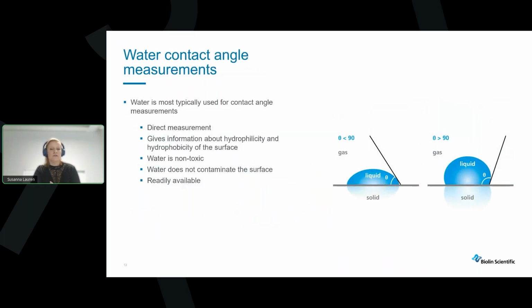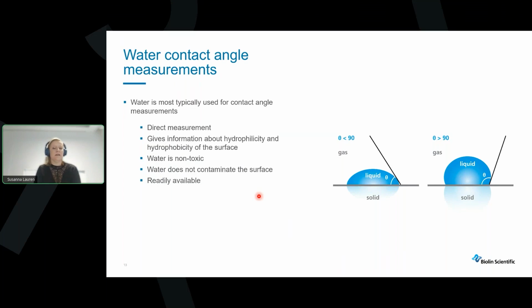And now, as I already mentioned, a lot of people are actually using only water contact angle measurements. One of the reasons why water is so good a test liquid is that water has these polar and dispersive parts in it. Because we have hydrogen bonding between the water molecules, it's quite a polar liquid, but it also has this dispersive component in it.